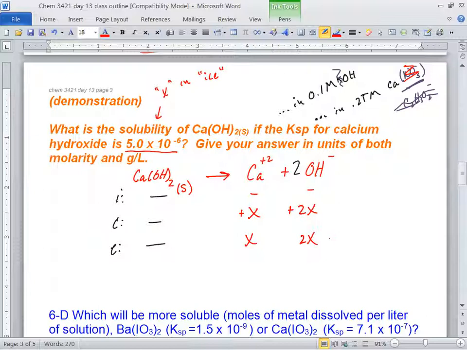So now we got to solve for the X. Well, to solve for the X, we got to do the Ksp. Let's write the expression, though. Let's not put in things yet. What would be the Ksp expression? Kelly, what would be the Ksp expression?